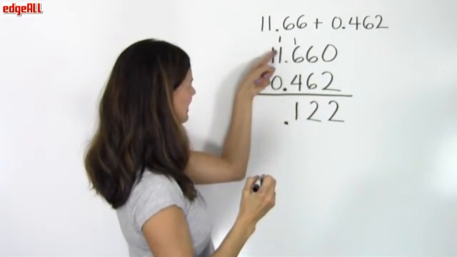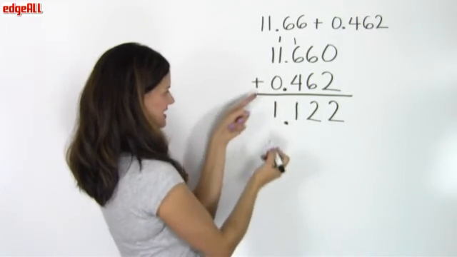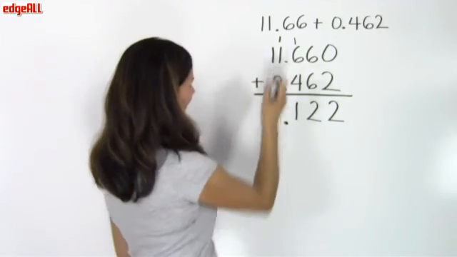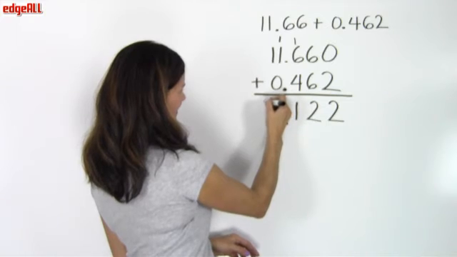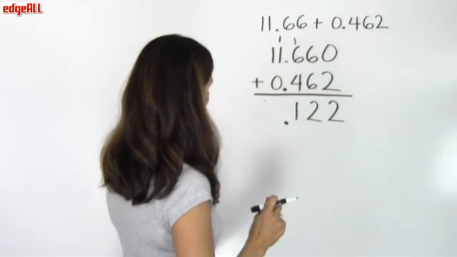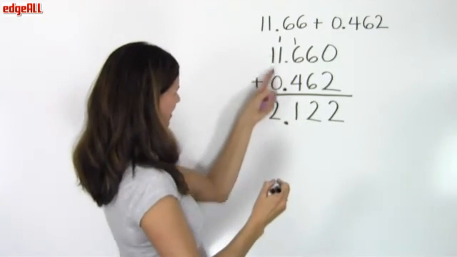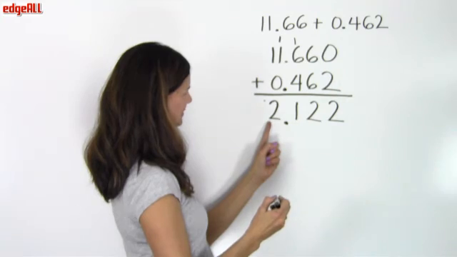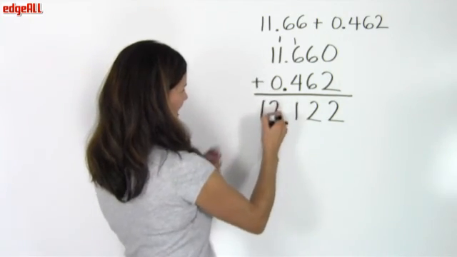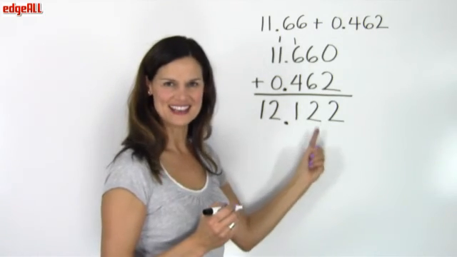I add 1 plus 1 and bring it down here. Now I'm in the ones place on this side of the decimal point. Oops, I didn't add these two together. So I do my 1 plus 1 is 2. So now I'm in the ones place on this side of the decimal point, and then I bring my 1 down from here. So my answer is 12.122.